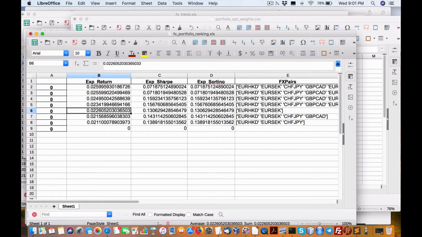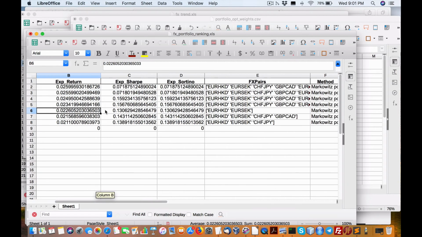And again, I have to test this, but usually at the outset, I probably would just focus on these two currency pairs: the euro, Hong Kong dollar, and euro, Swedish kroner. And again, I wouldn't be surprised that they're just longing. So hopefully that's correct.